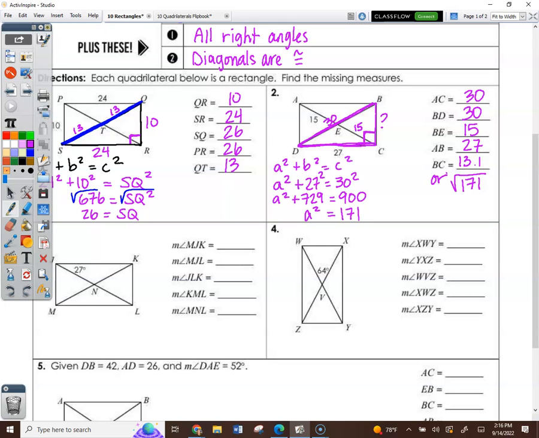And how many are there? Total, there's 13. I've already helped you on 2. Wait till she gets back. Okay, let's go to the next one. Can you try it?